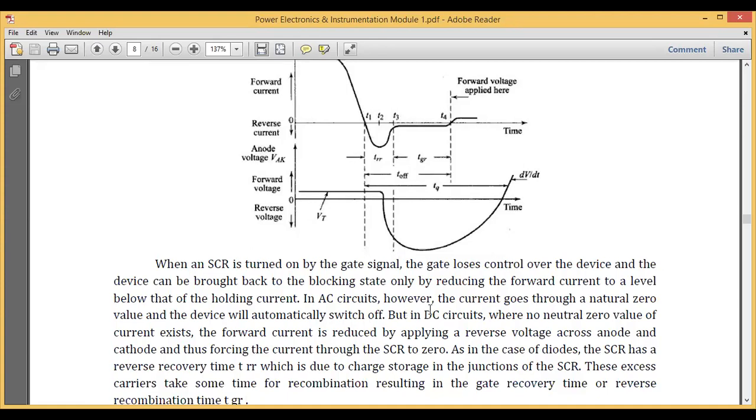Whenever there is no current, there is no turning on of my device, my fan, or my motor. There should be at least some minimum amount of current so that my device gets turned on. If no current is flowing through the SCR, it means my device is not operated.